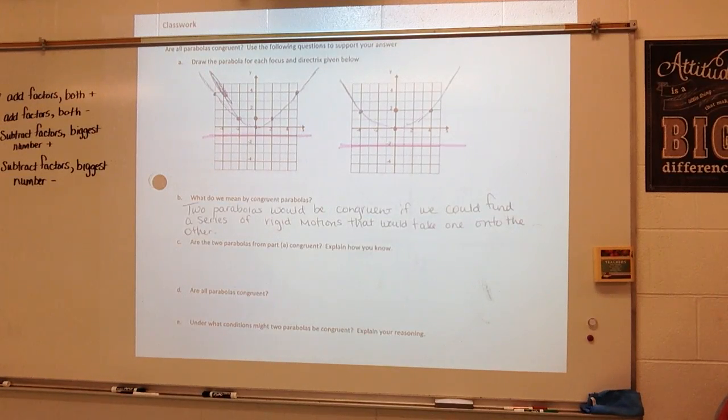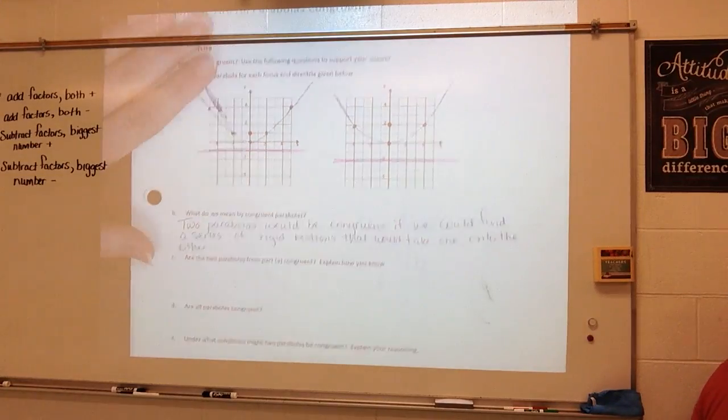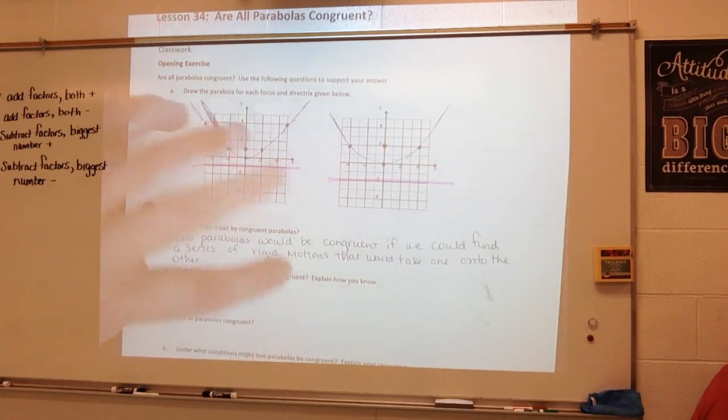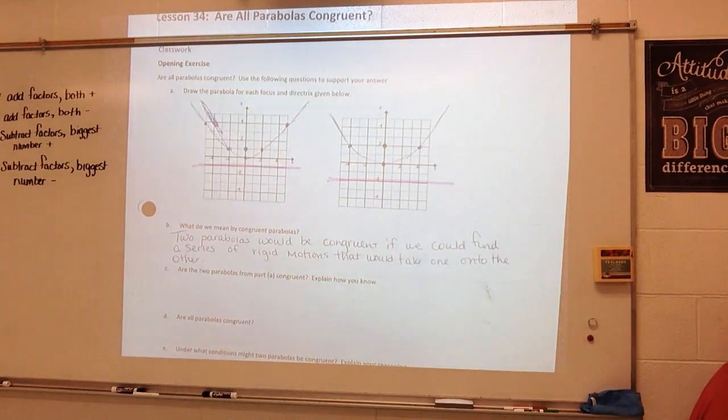If we translate the first one somewhere else, then the vertices would not line up. Translate means to slide. So if I slide the first one up or down, then they don't match up. If we reflect or rotate, then I change the direction that my parabola is facing. So therefore, they're still not going to be able to do it.